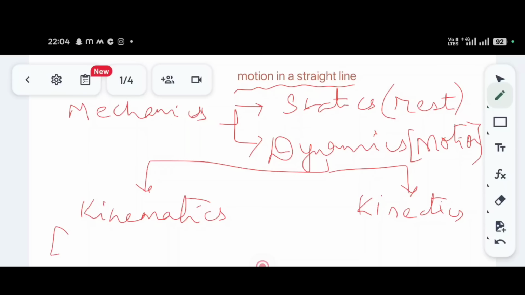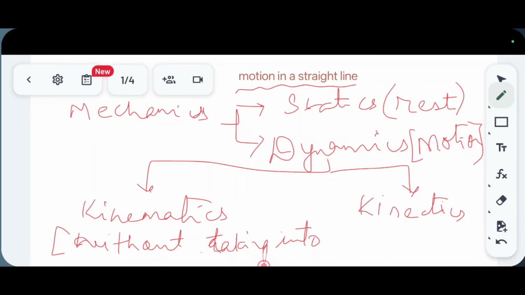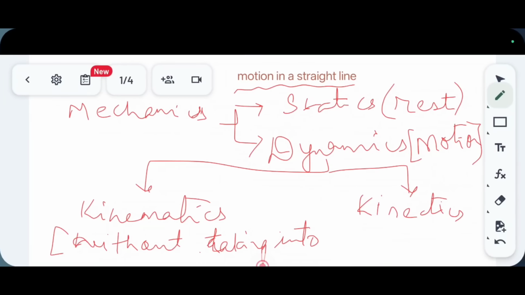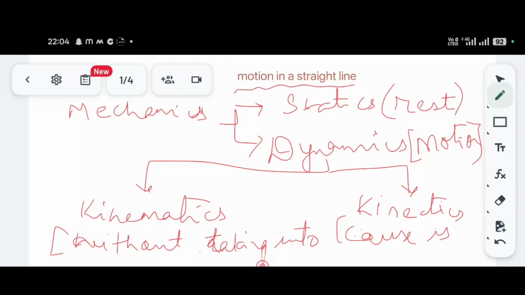Kinematics is the study of the motion of the object without taking into account the path it has covered, without taking into account the cause. Whereas in kinetics, the cause is known.